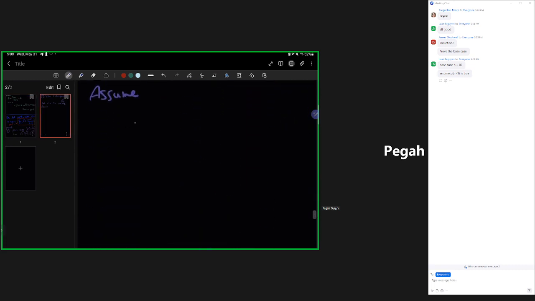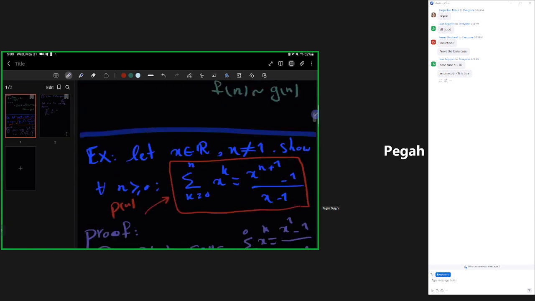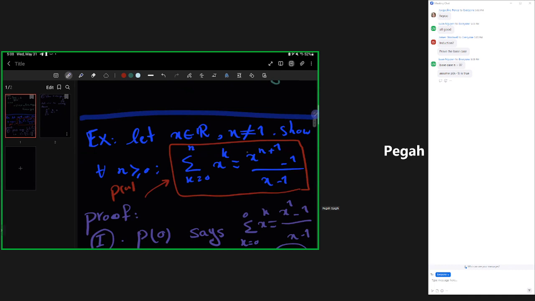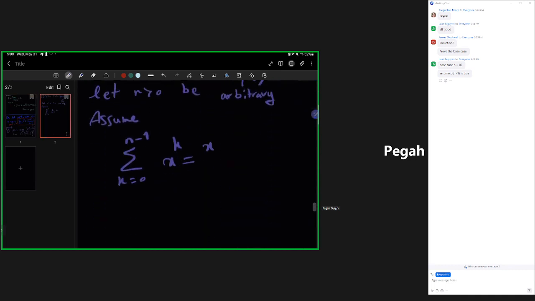So here we say the sum over k from 0 to n minus 1 of xk is equal to x to the n minus 1 over x minus 1. We have n plus 1 here, so we put n minus 1, and this becomes n. Now we assume this one.